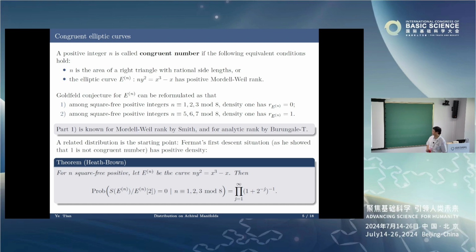And they have this property with density like this number. Okay, so this is a theorem of Heath-Brown. Later on, Swinnerton-Dyer found this congruent number family-like family. This density also holds.